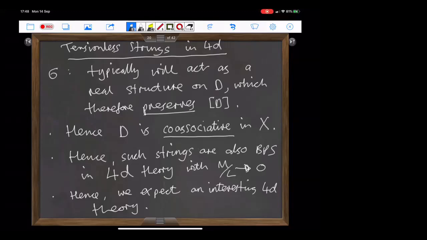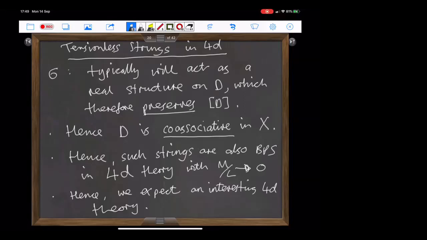So that actually means that in the G2 orbifold, such Ds will be co-associative or supersymmetric cycles in this G2 orbifold X. And that then means that the 5 branes which wrap such Ds are also supersymmetric or BPS strings whose tensions or equivalently mass per unit lengths go to 0 at the singularity.